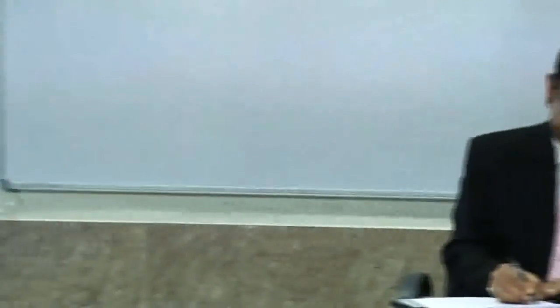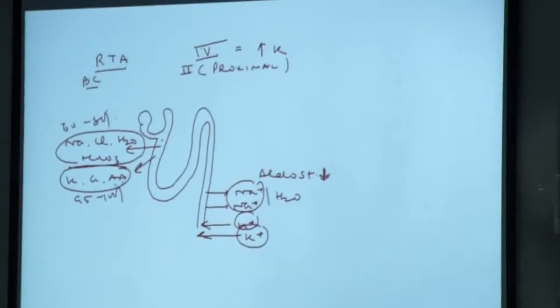Normally, sodium, chloride, water, bicarbonate, potassium, glucose, amino acid are reabsorbed at the PCT.